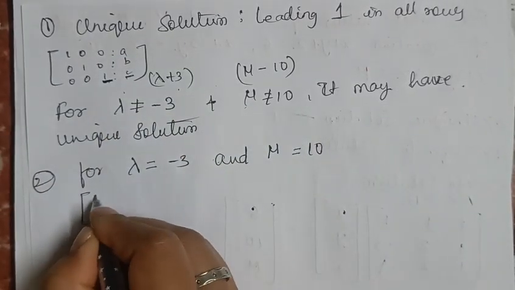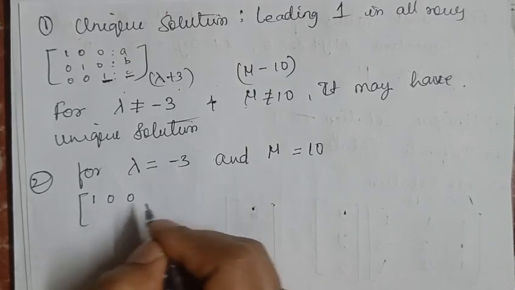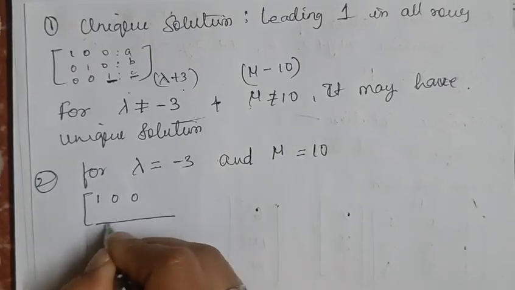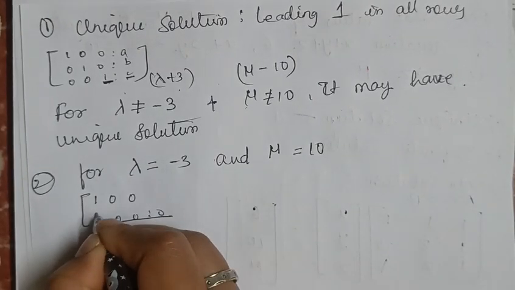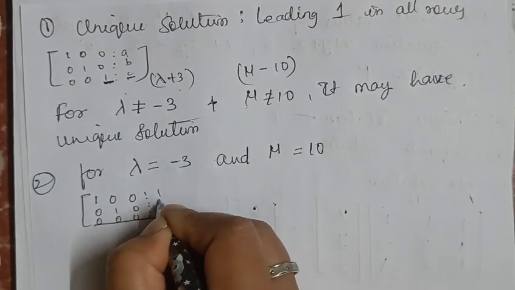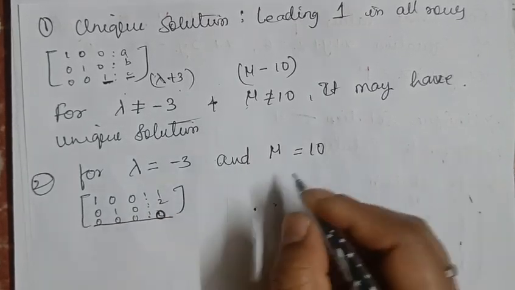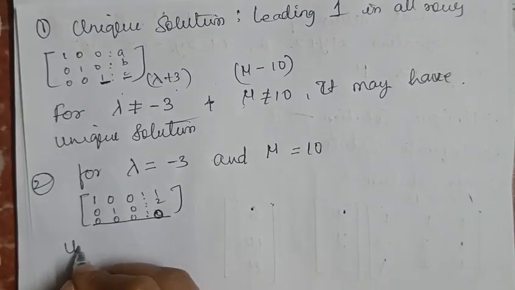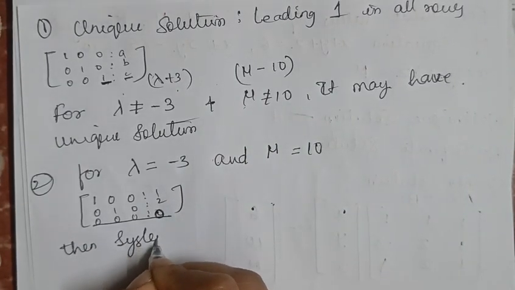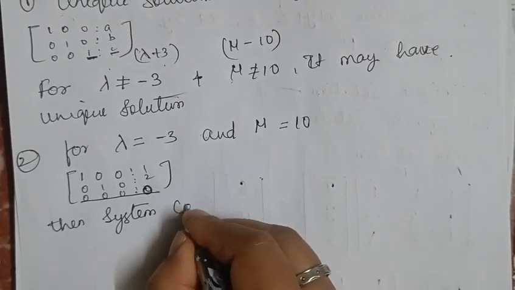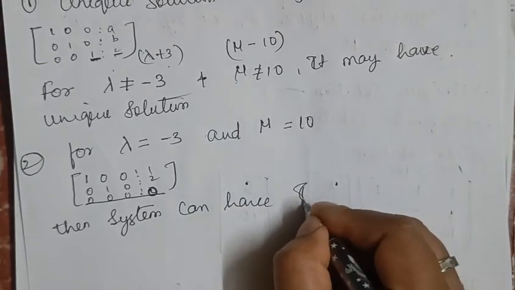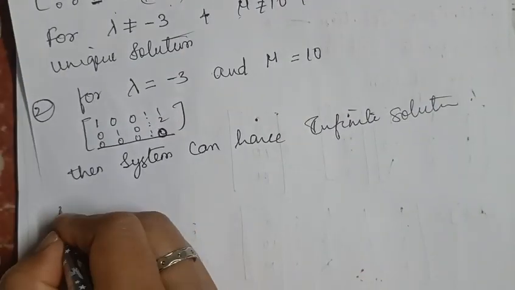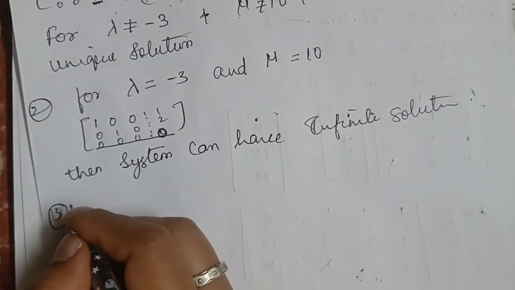Infinite solution is like this: the entire row is 0. Consider this 1 2, but the entire row is 0. So for -3 and 10, the system can have infinite solutions.